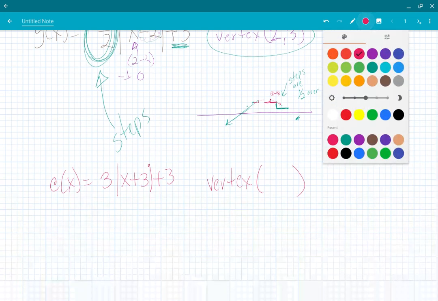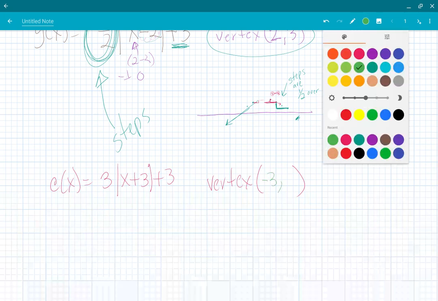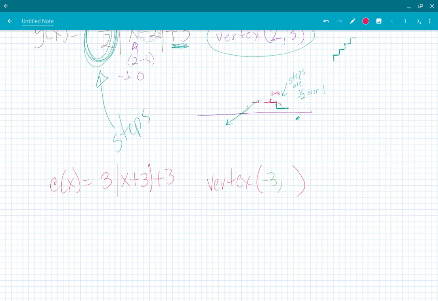Yep. Exactly. -3, comma what? +3. Exactly. And what size are the steps? 3. 3 over 1 if you want, right? Rise, and then what? Run.